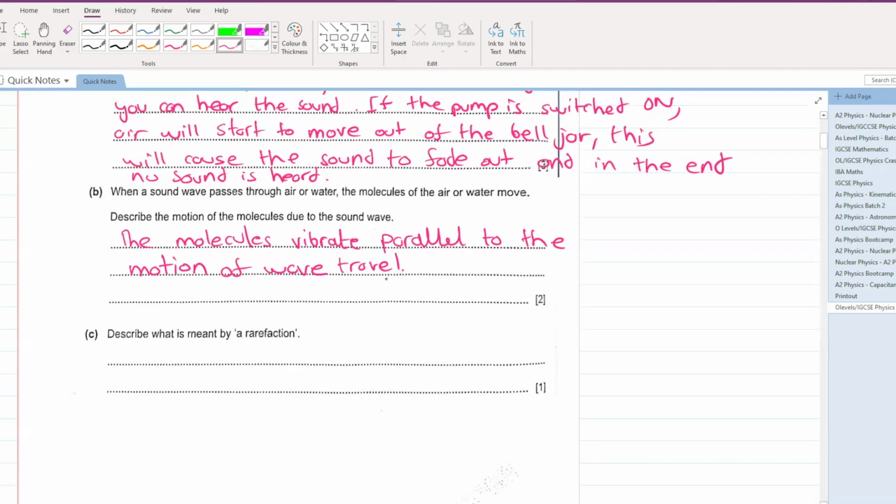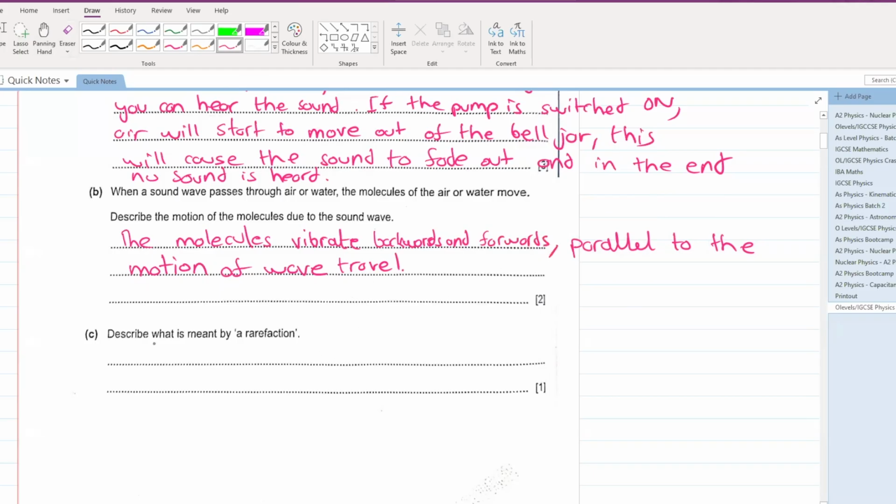And if you're a further good student, you can say molecules vibrate back and forth, or backwards and forwards, parallel to the motion of the wave travel.